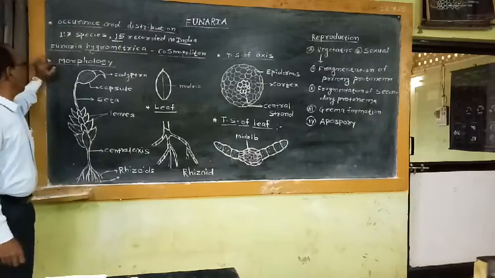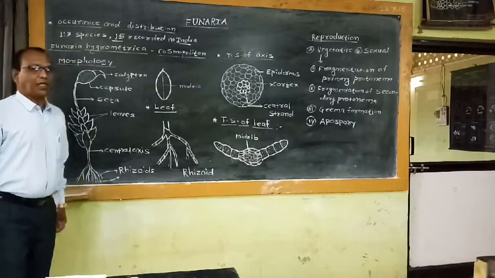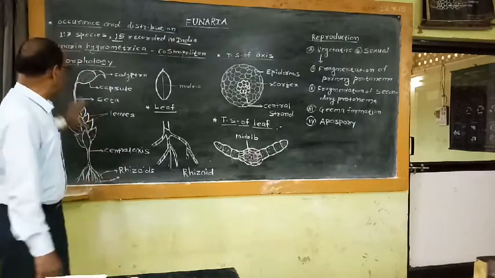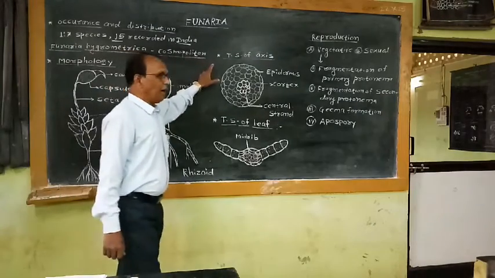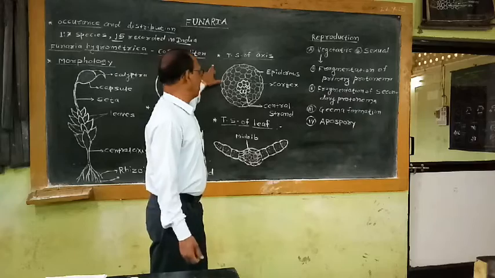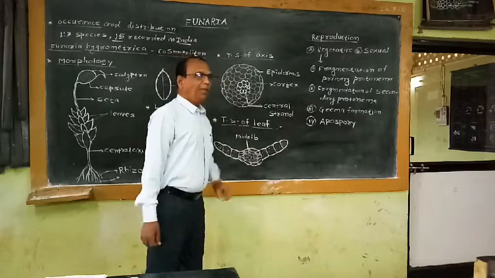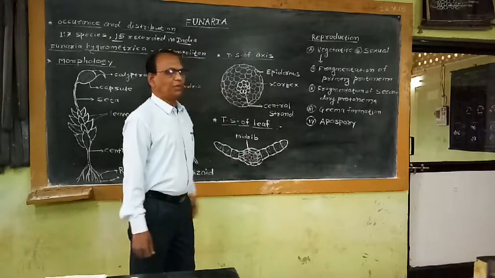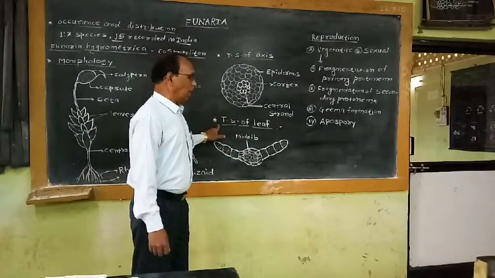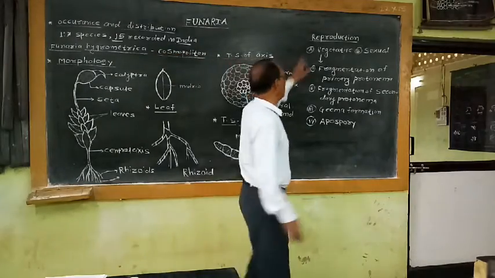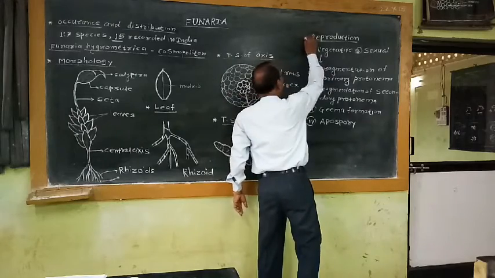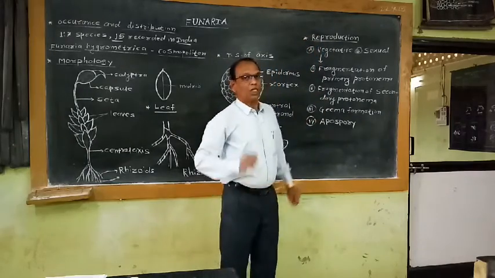Next one, external morphological characters or external morphology of this Funaria. Then anatomical details about the main axis of the Funaria plant, anatomy of leaf, and finally I am going to discuss the methods of reproduction in this Funaria.